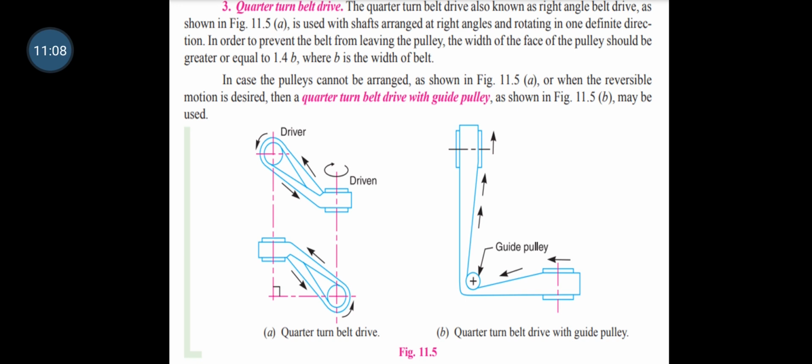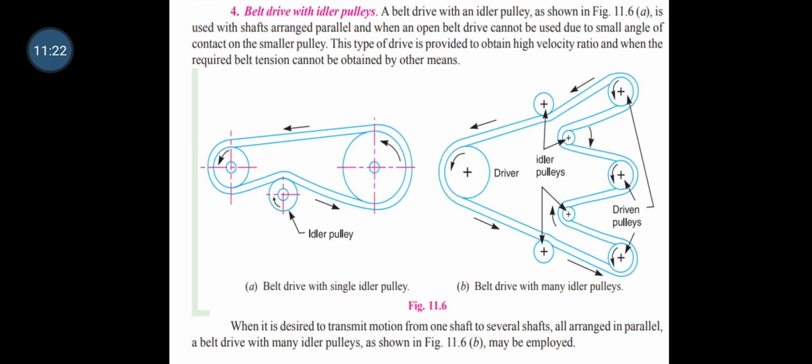The next one is the belt drive with the idler pulley. In between the driver and the driven, the idler pulley is used. See this diagram: belt drive with a single idler pulley and a belt drive with many idler pulleys.